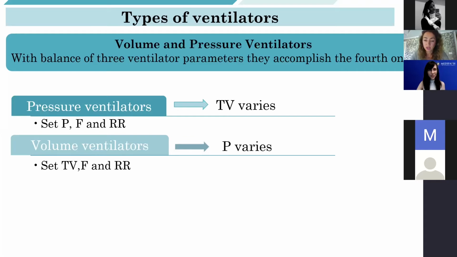The machine will generate as much pressure as it needs according to the patient's condition of the lungs, again like compliance and resistance, to deliver the preset tidal volume that we set. So the machine can trigger different pressure values to achieve the tidal volumes that we set.